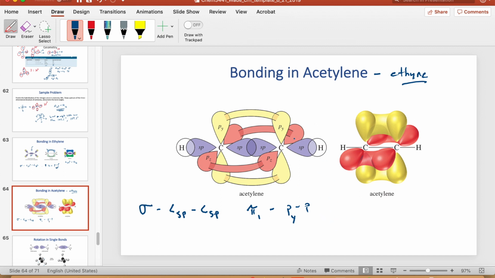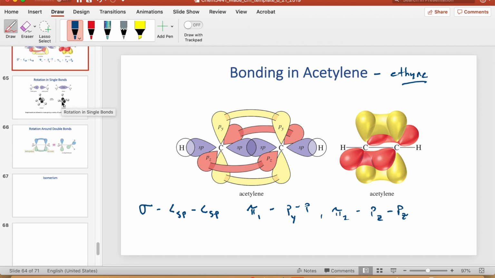Then coming out towards you here, you have pi 2, which is from the z-axis, so p overlapping with p again on the z-axis. And this gives us our sp hybridized carbon with a linear geometry.